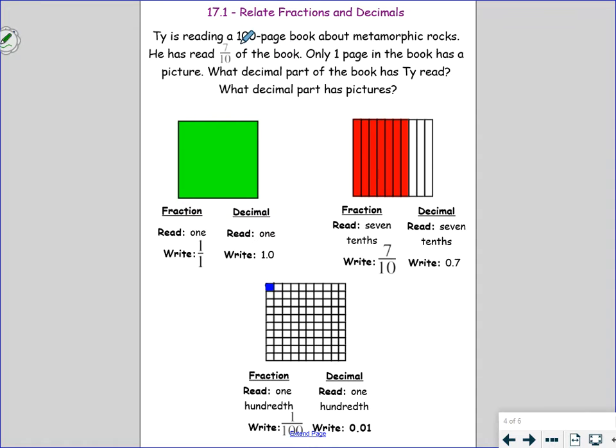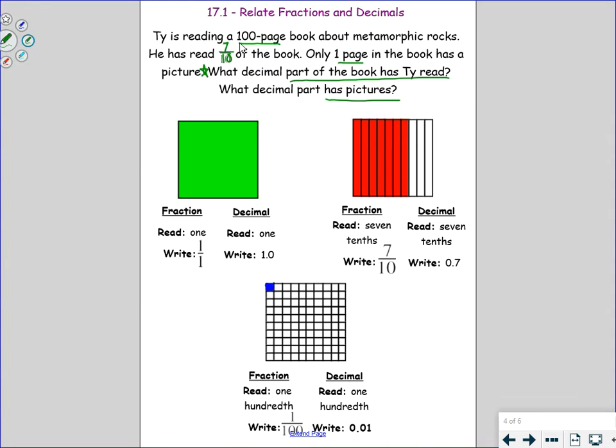He has read 7/10 of the book. Only one page of the book has a picture. What decimal part of the book has Ty read? And what decimal part has pictures? We'll answer this question first.